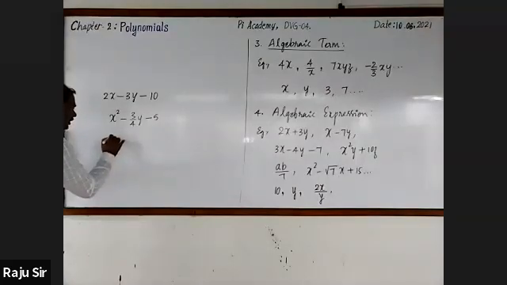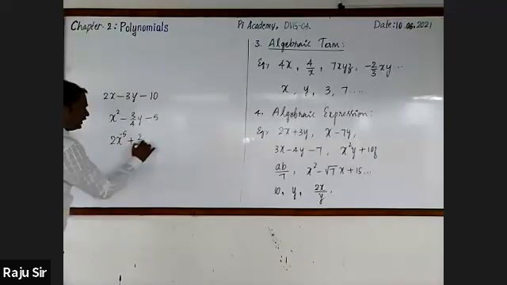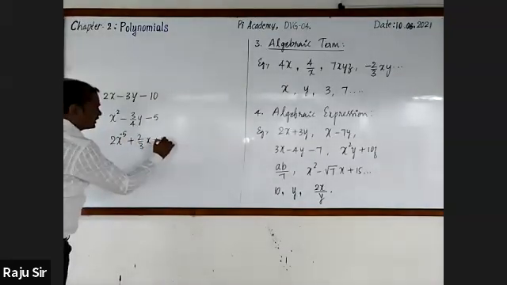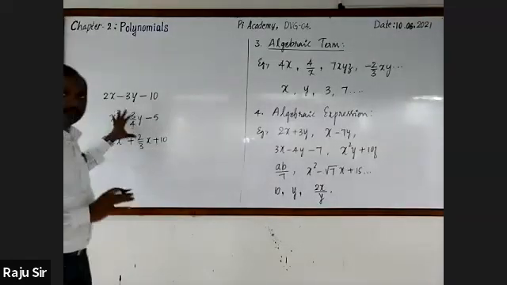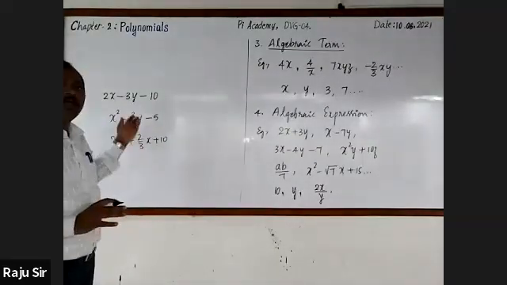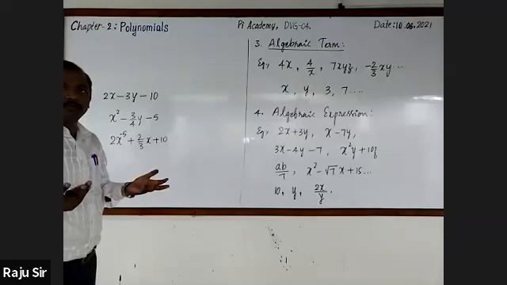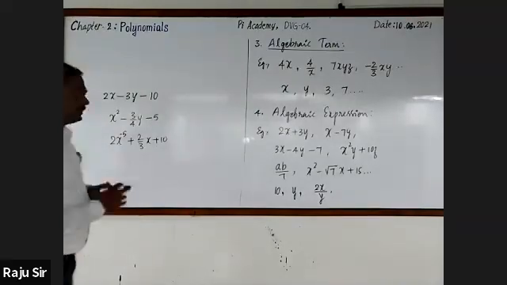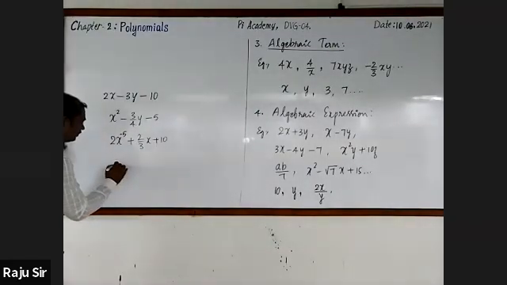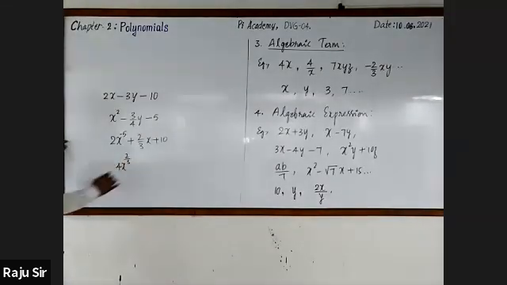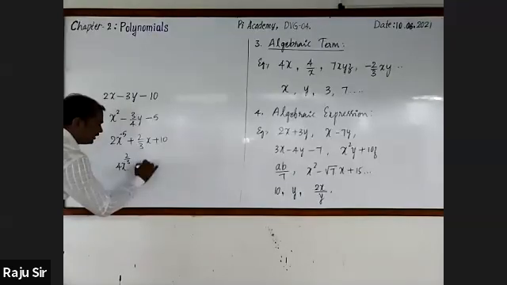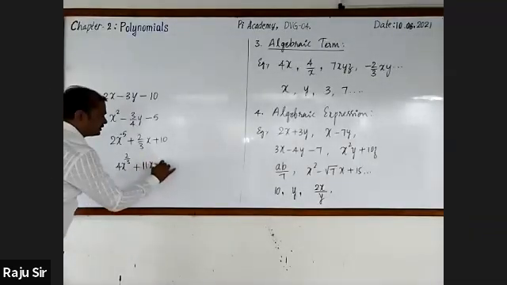Then 2x raised to the power minus 5 plus 2 by 3 into x plus 10. I have taken examples of algebraic expressions having 3 terms. You may take even 2 terms, 4 terms, any number of terms. Next, I'll take one more: 4x raised to the power 2 by 3 plus 11x minus 11.